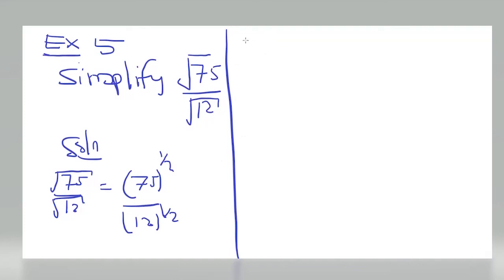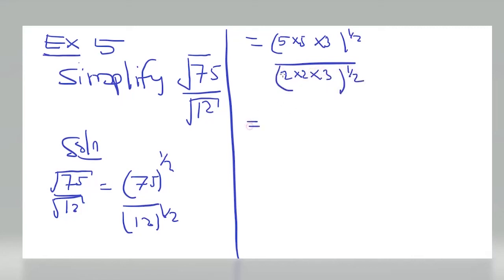What are the factors of 75? The factors of 75 are 5 times 5 times 3, all to the power of a half. The factors of 12 are 2 times 2 times 3, to the power of a half.